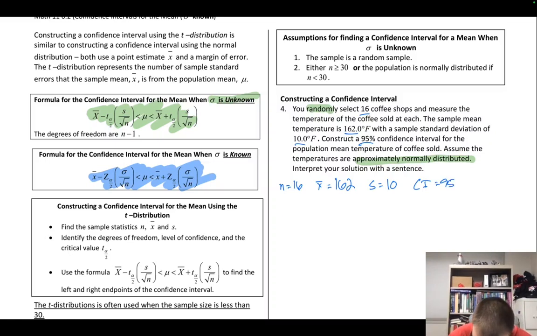So our alpha over 2 is 0.05 divided by 2, or 0.025. And last, our degrees of freedom is 16 minus 1, which is 15. And so again, a little sketch of what we're looking for.